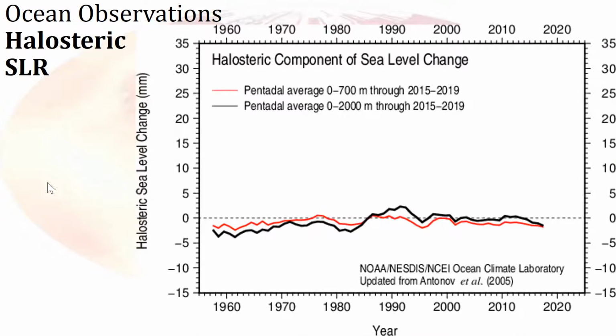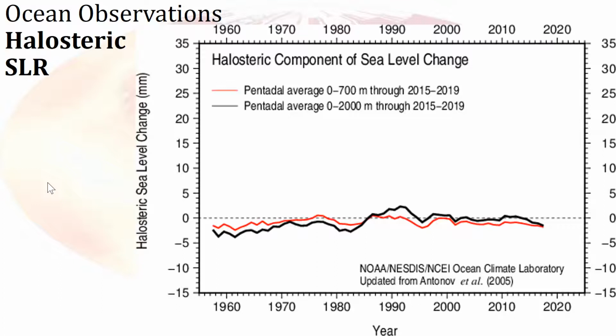The other component of sea level rise is, of course, the salt levels, the halosteric, but actually we're relatively continuous here. So one of the concerns is as we lose salinity due to more freshwater contributions, that's going to change the chemistry and the thermal expansion potential, which is absolutely true.